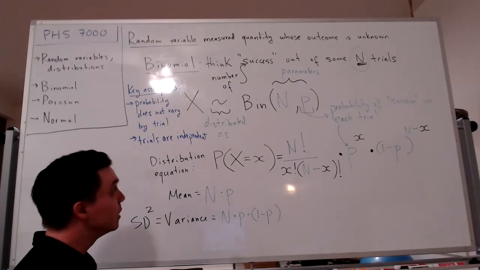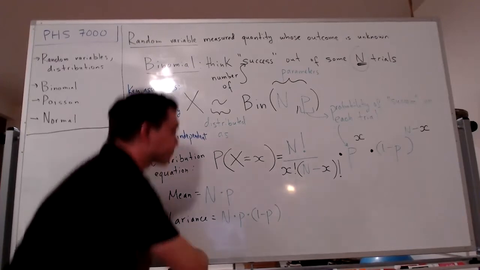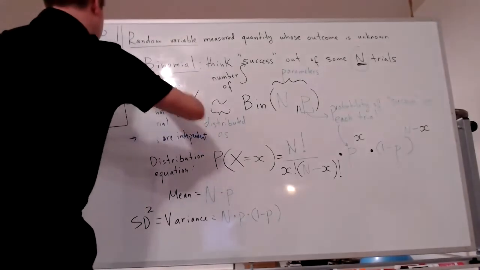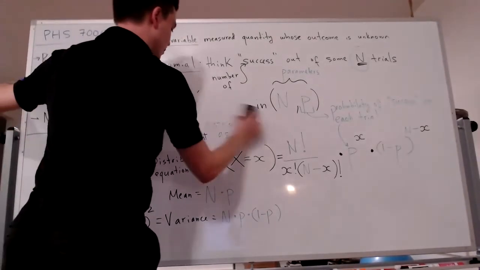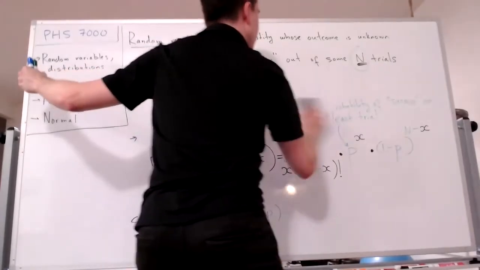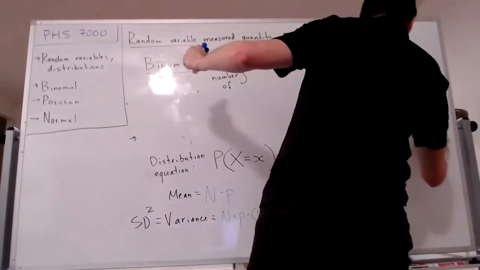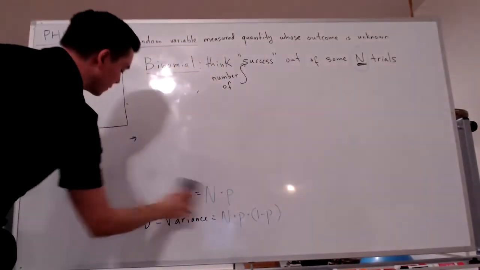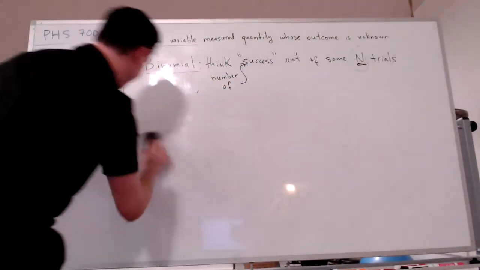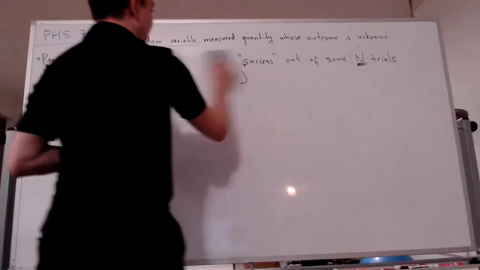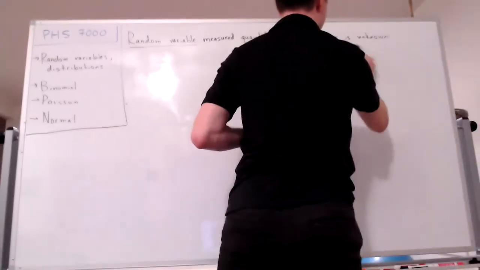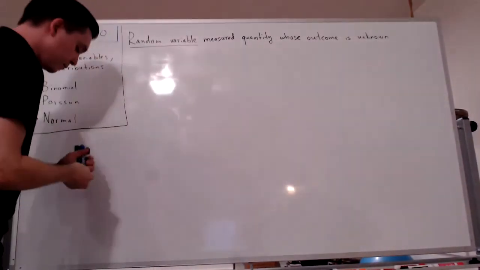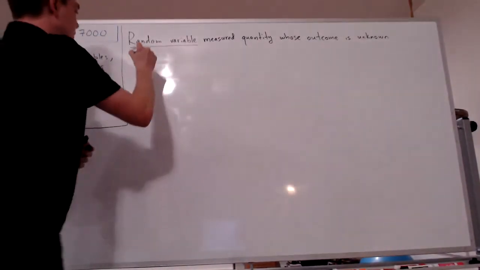Okay, let's go through an example. We're thinking of something where we want to model some number of successes out of some number of trials. All right.